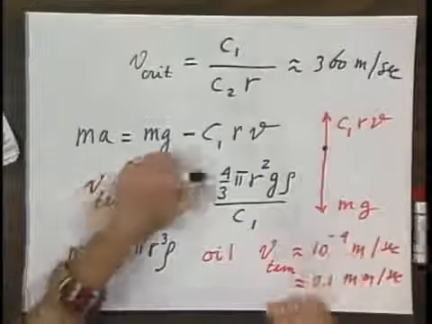So it would take 1,000 seconds, this is about 17 minutes, for this oil drop to fall over a distance of about 10 centimeters. So I release it at 0 speed, I let it go, and then very quickly it will reach the terminal velocity, and it will take 17 minutes to fall over this distance.